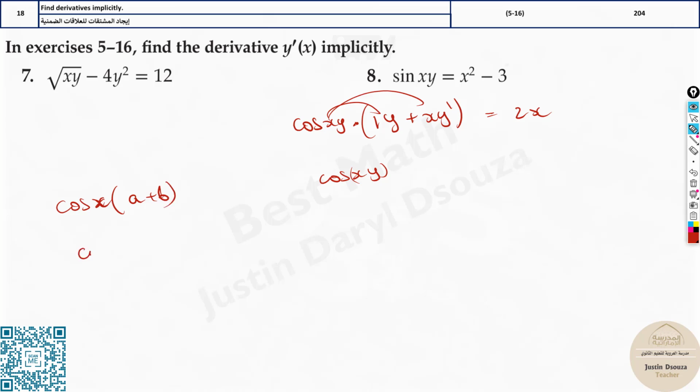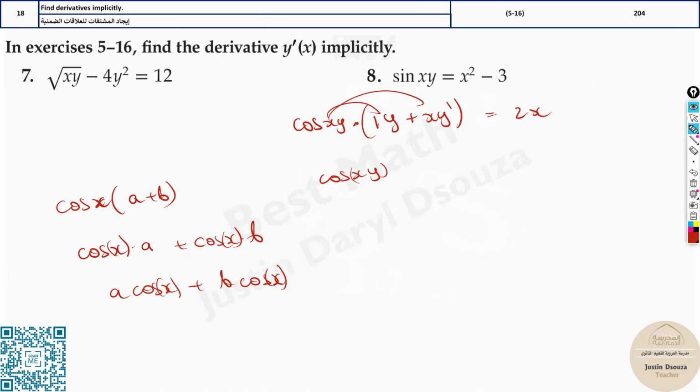This is going to look like cos x times a plus cos x times b, or you can rewrite this as a cos x plus b cos x. Okay, you don't multiply it as cos xa. This is the degree over here, right? That remains there itself. Cos x, you can't multiply. You multiply it as a coefficient.